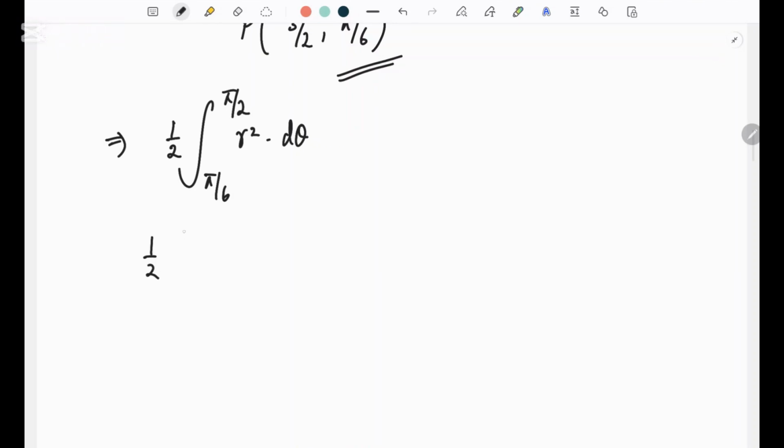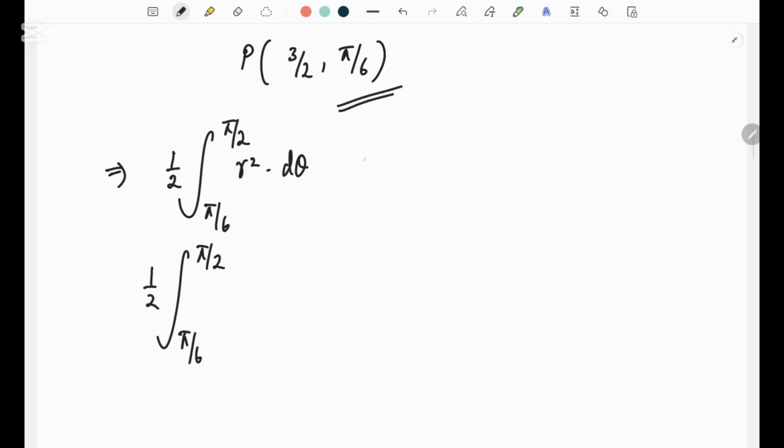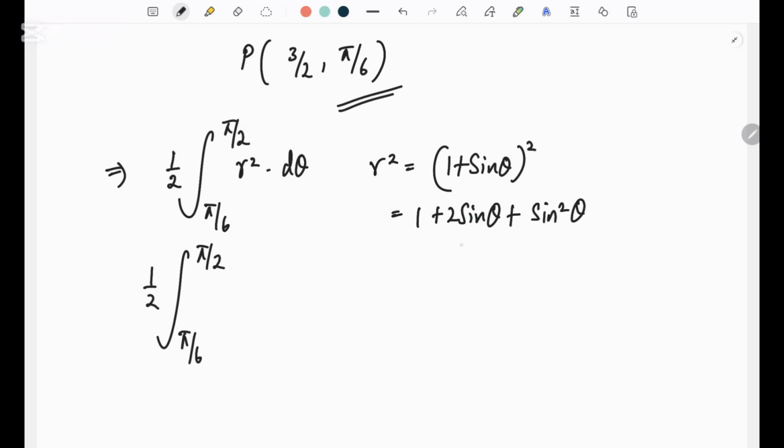Then it's half the integration from pi over 6 to pi over 2, and r squared is 1 plus sine theta in brackets squared, meaning it's 1 plus 2 sine theta plus sine squared theta, and sine squared theta equals 1 minus cos 2 theta over 2.